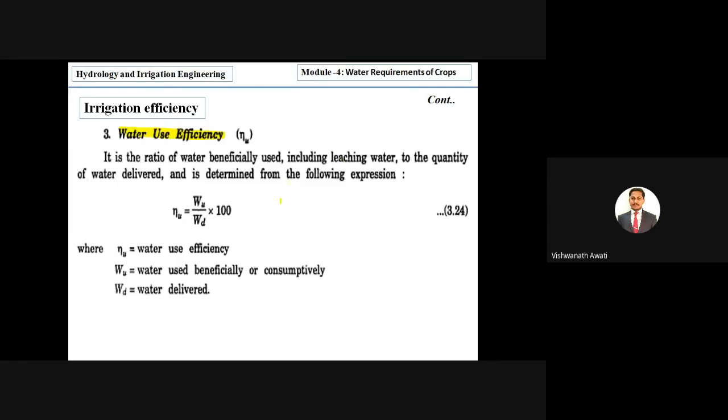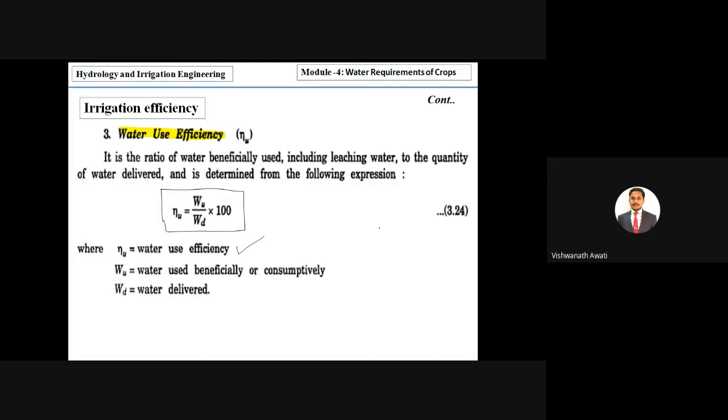Expressions are very important to explain water use efficiency or other efficiencies. Here it is eta u. So eta u equals Wu divided by Wd into 100. Eta u is water use efficiency. Wu is water used beneficially or consumptively, and Wd is water delivered.